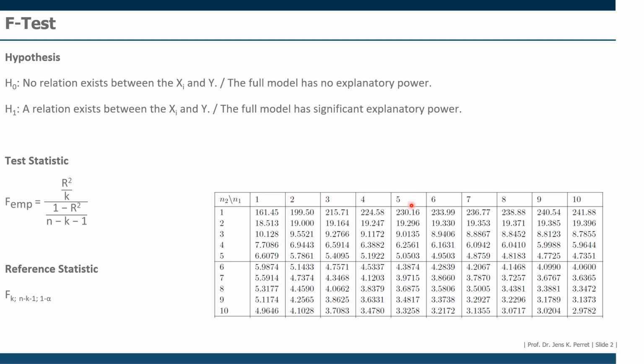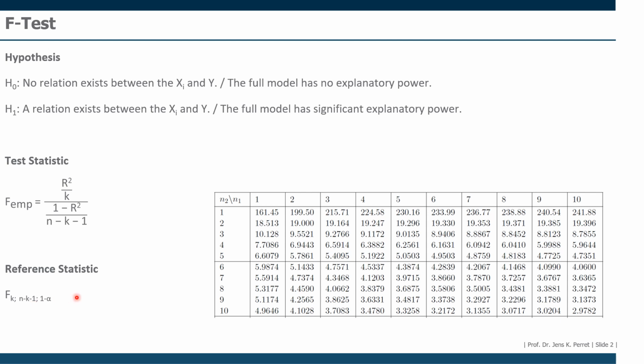And here, usually the columns, that's the first one, that's why it's here called N1. The columns is the first value mentioned here. In this case, the different independent variables. Whereas the rows, that's the second one, that's the number of observations minus k minus 1.